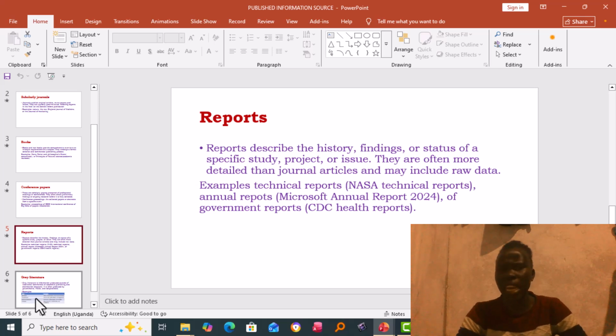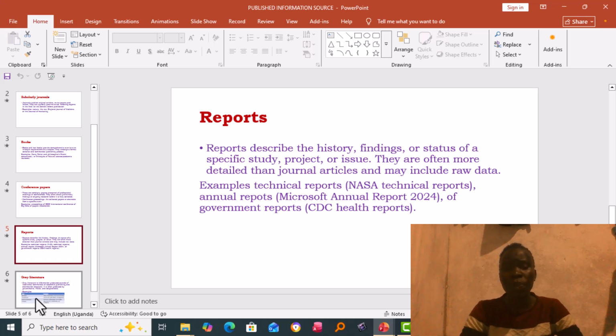As I said, they can describe the history, the findings or status of specific study projects or issues, and they may even include raw data.